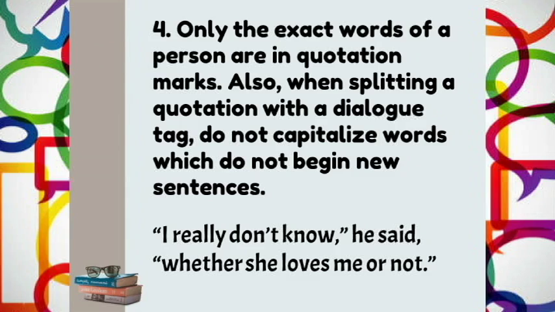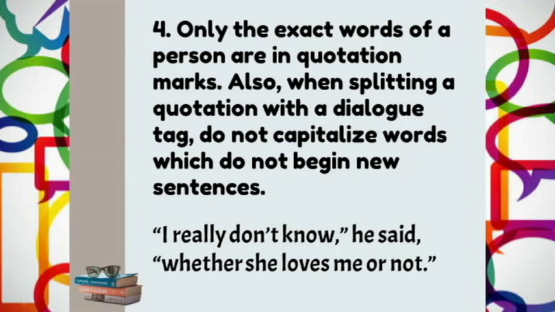Exact words of a person should be in quotation marks. Only the exact words of a person are in quotation marks. Also, when splitting a quotation with a dialogue tag, do not capitalize words which do not begin new sentences.